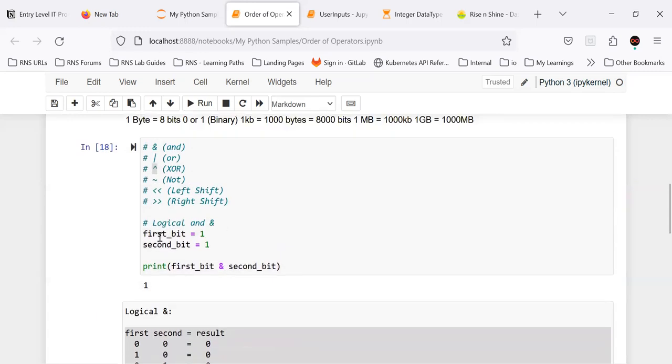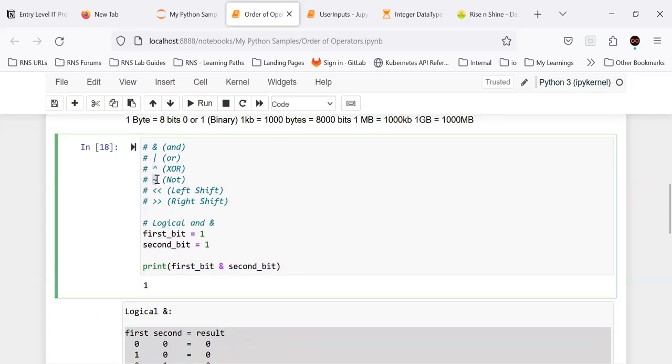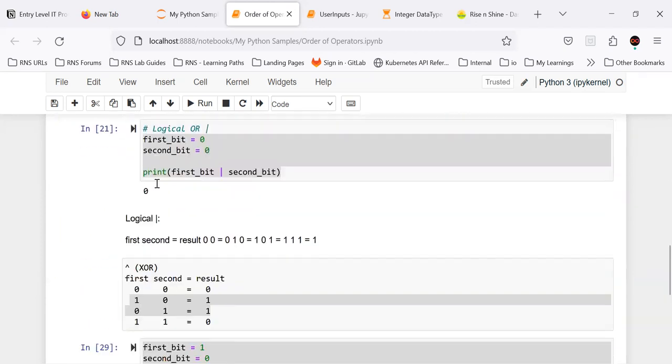Next, one more operator we are talking about, not. Normally we think that true is going to become false, false is going to become true. But in Python, how does the interpreter work on this logical not? If I apply logical not on this number, then it is minus of that number minus 1, right?